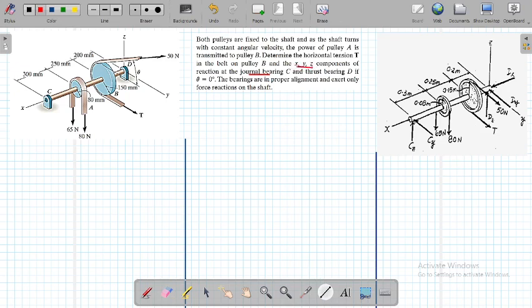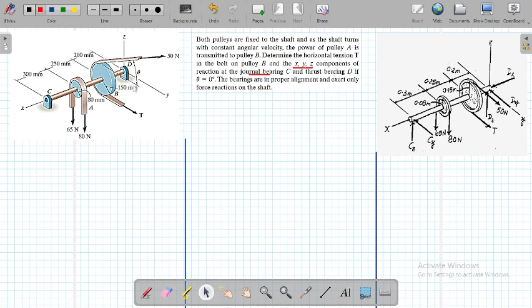These are your XYZ components of the reaction at the journal bearing C, and he's also telling you that there is a thrust bearing over here. The thrust bearing is placed at point D.